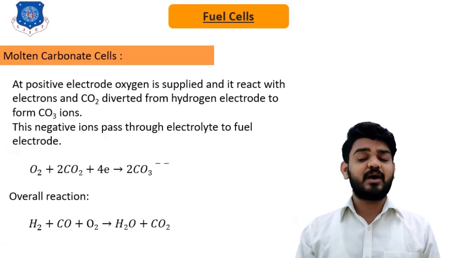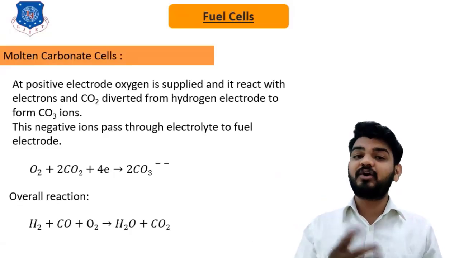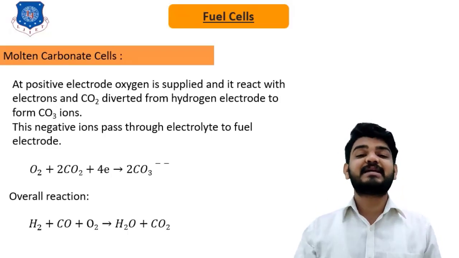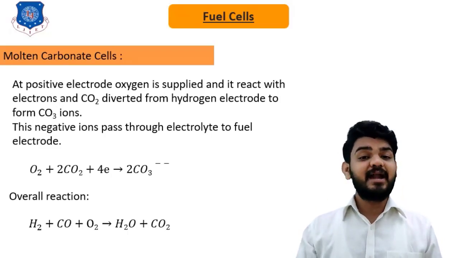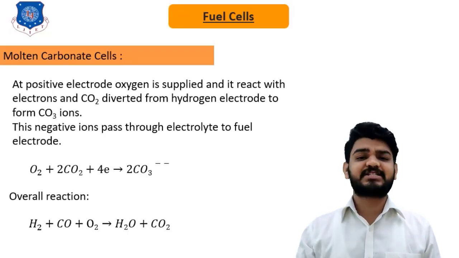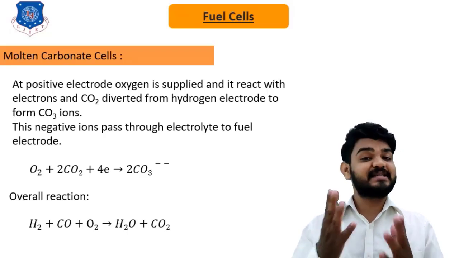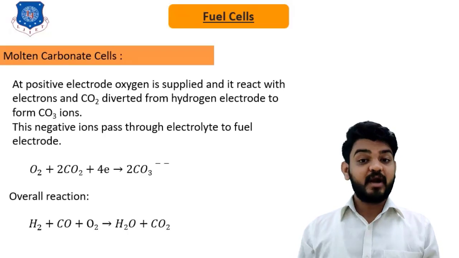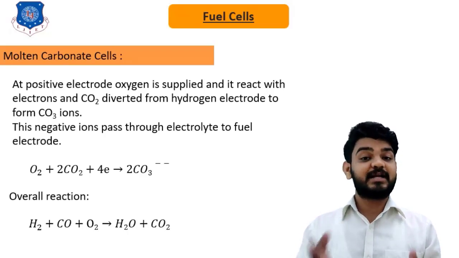So this is how one molten carbonate fuel cell utilizes the chemical energy of fuel such as hydrocarbon and produces electricity through an external load or external circuit. This is the largely used type of fossil fuel cell, which utilizes hydrogen as a fuel and molten carbonate as an electrolyte. From an exam point of view, this particular cell is very important.